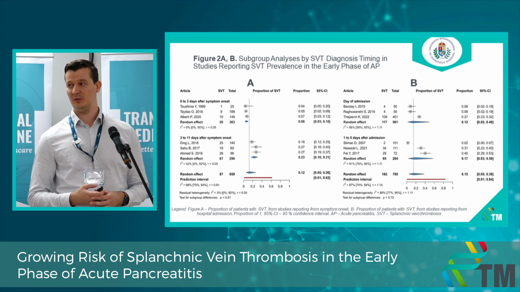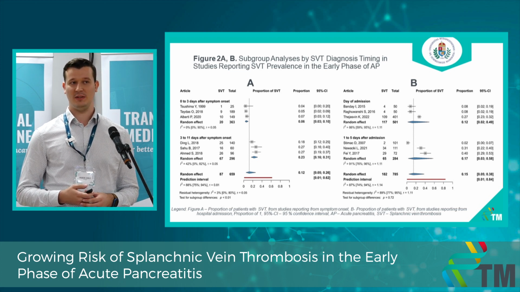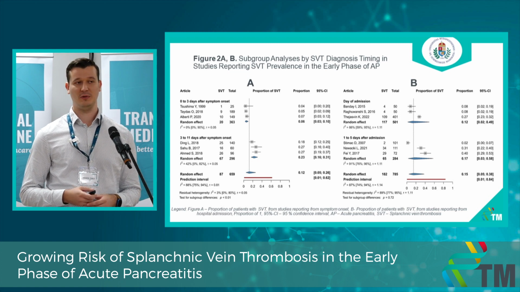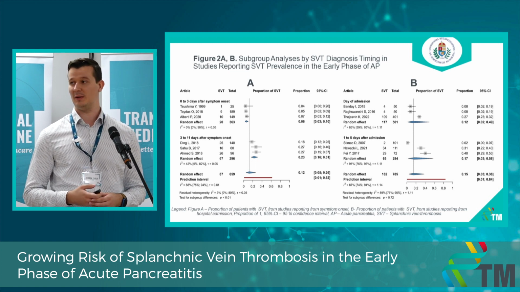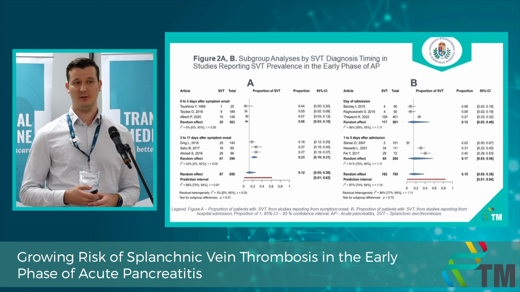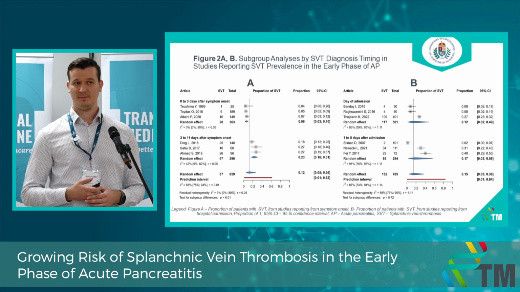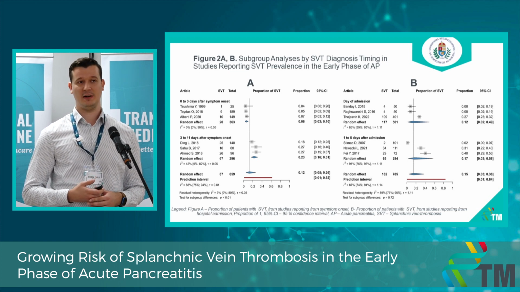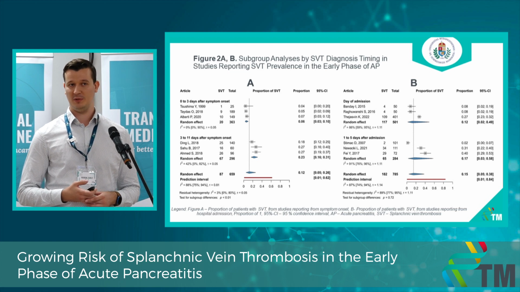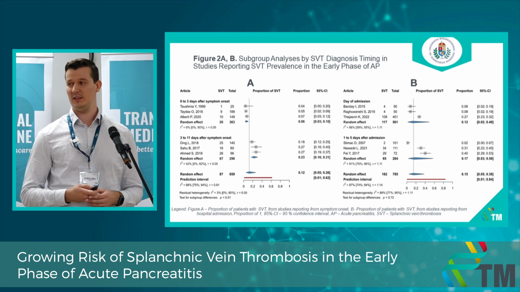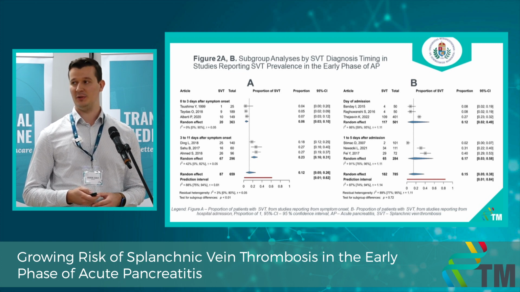We can conclude that SVT development takes place mostly after the 3 days after symptom onset, but we also see that almost a quarter of patients are affected after 3 days. In column B, you can see that on admission, patients already have a high prevalence of SVT as they usually delay seeking medical help.